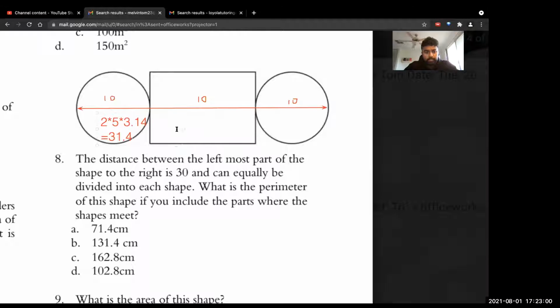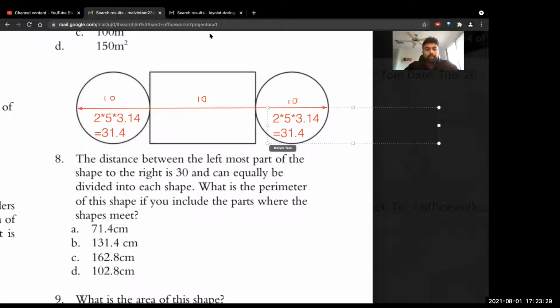Now here's the interesting part. The area for this circle here is the same as the area for this circle here. So it's the same. So we have two circles with a circumference of 31.4.